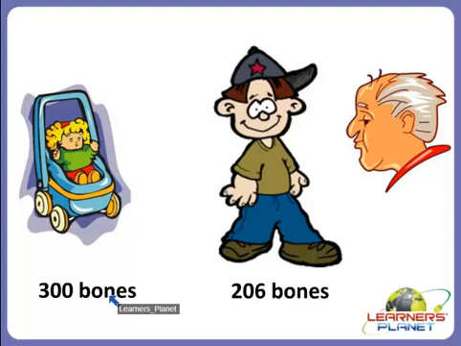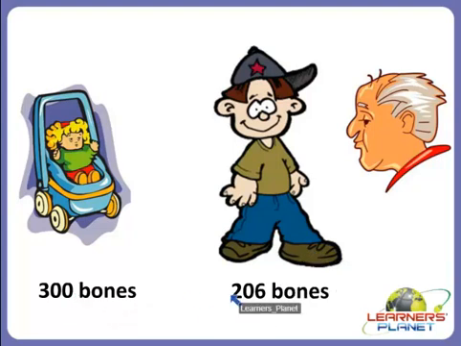But as you grow older and older, you will have only 206 bones. Why? Why, when you are a baby, you have more bones and when you grow older you have fewer bones?